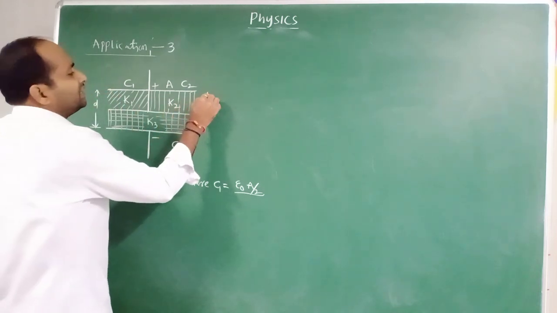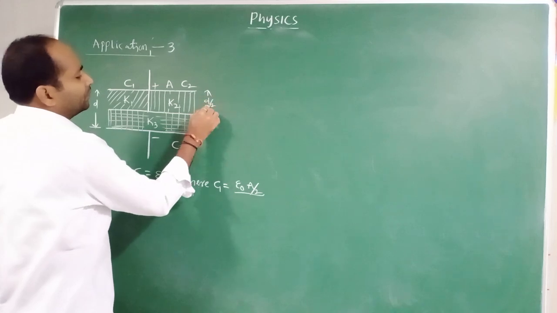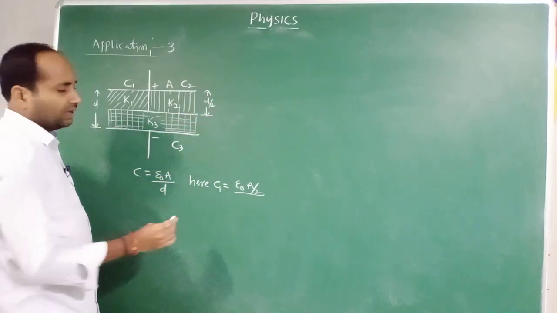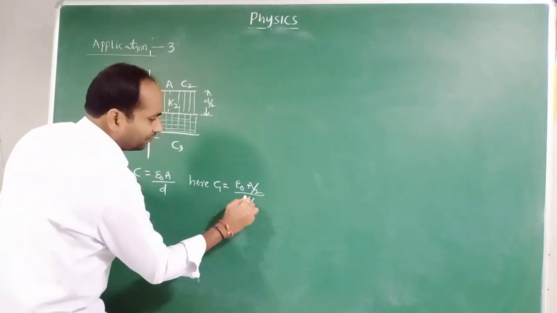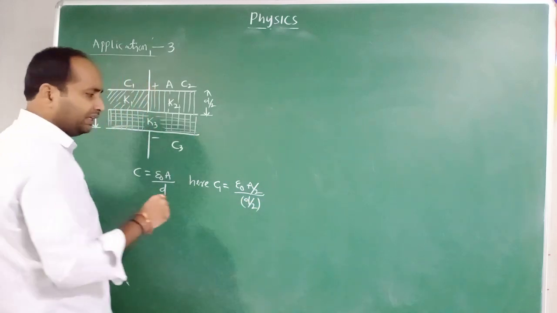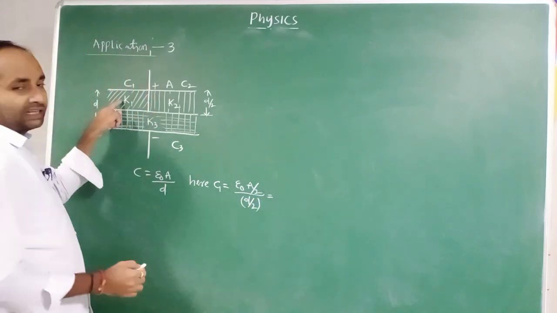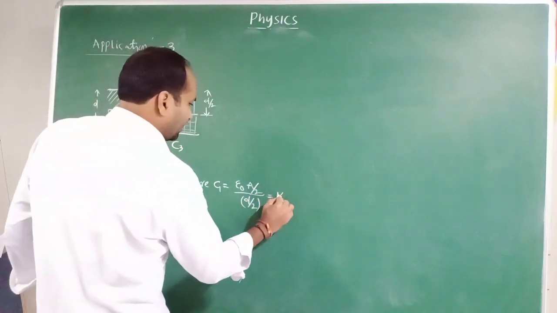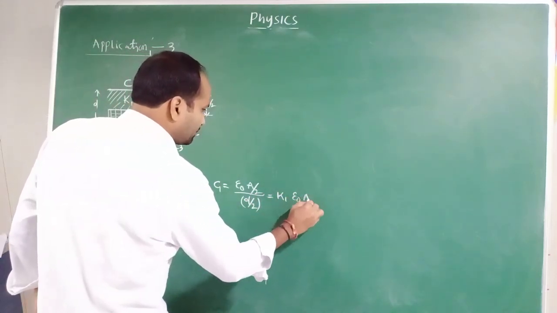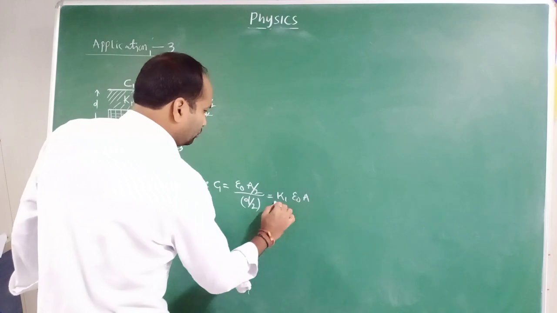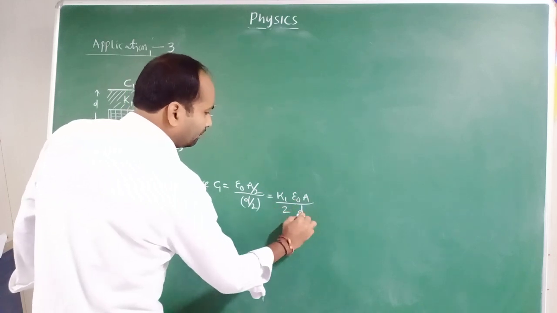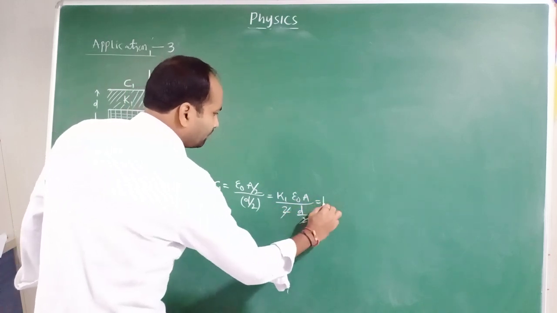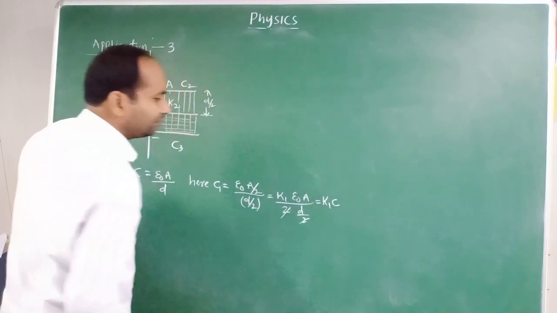Again this part is D by 2, completely filled with dielectric. So C1 is K1 epsilon naught A by 2 by D by 2, that is K1 C.